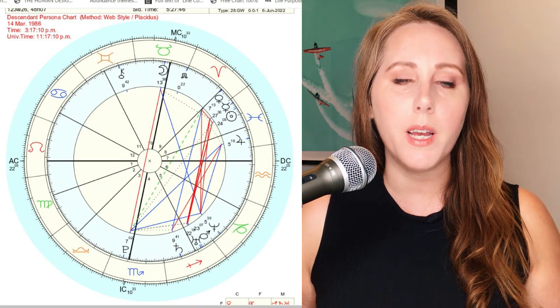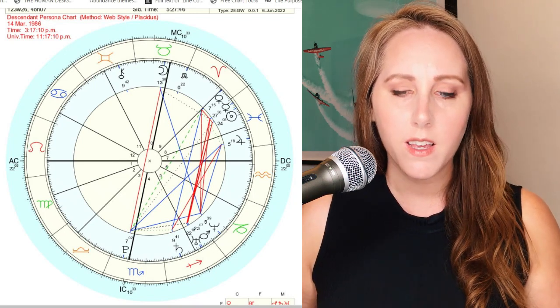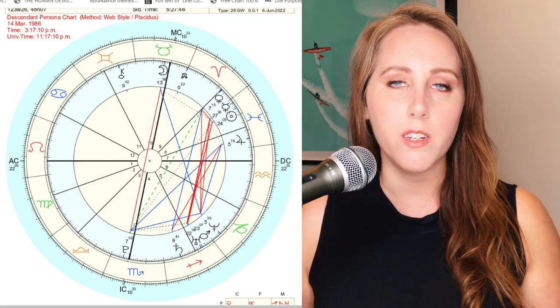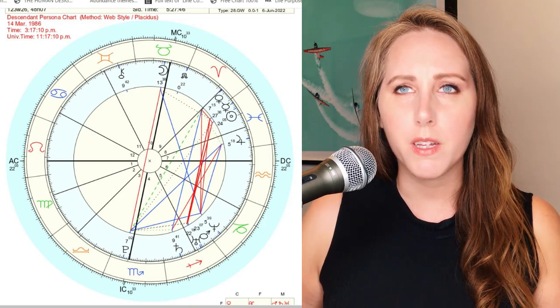And I think of Pluto in the 3rd being really a focus on wanting to know all the facts. So maybe my desire to know all the facts might be a challenge to what I need in relationships. I'm trying to figure out what this means.